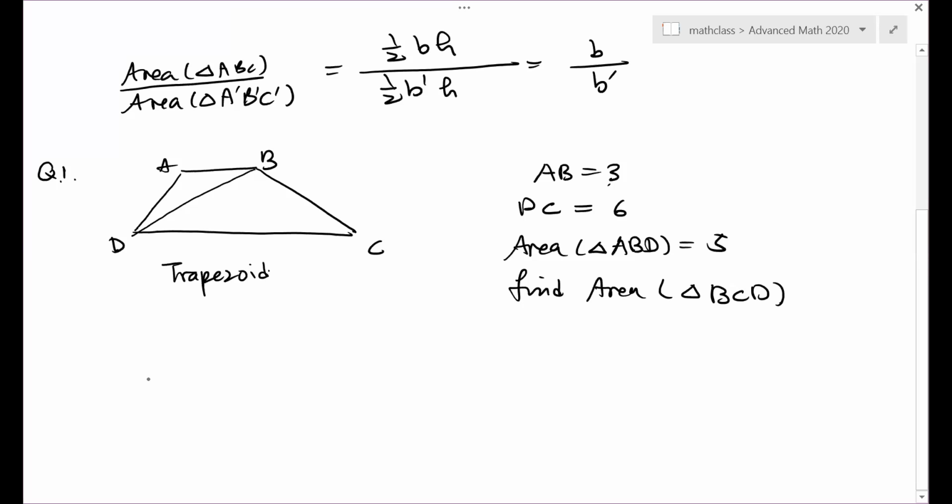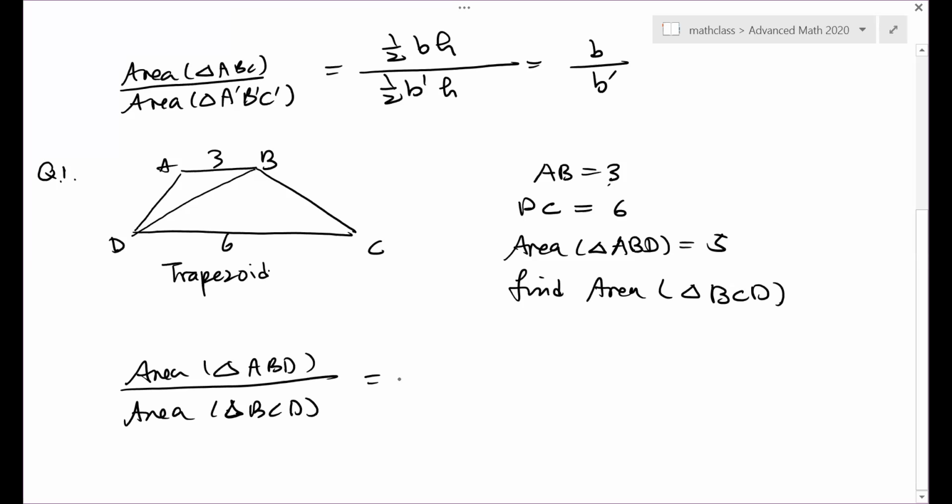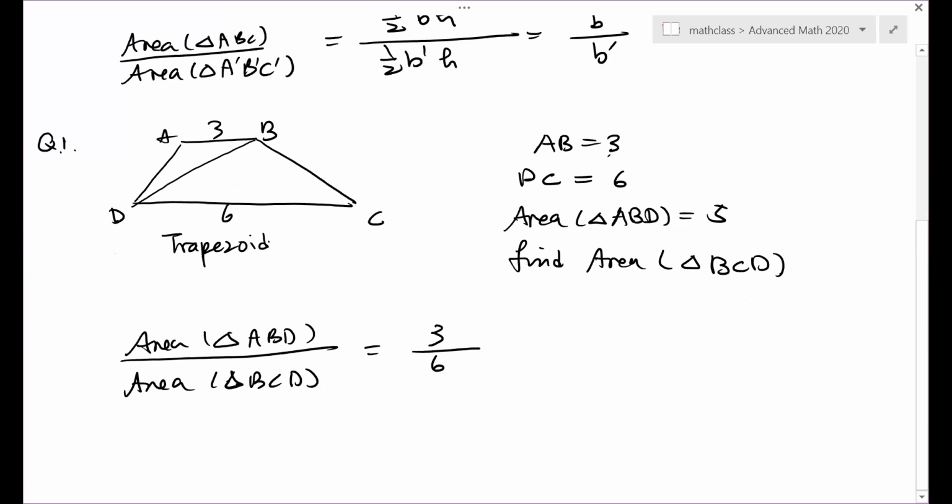So the comparison of the area of ABD and the area of BCD is just the ratio of the lengths of the bases, which is 1/2.